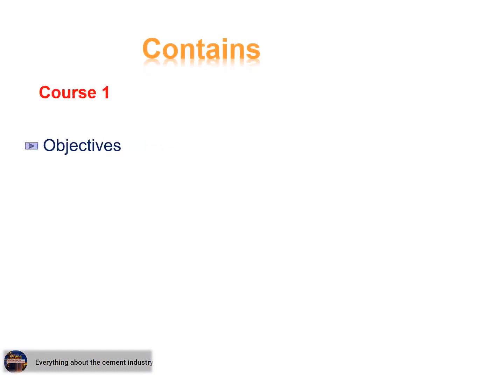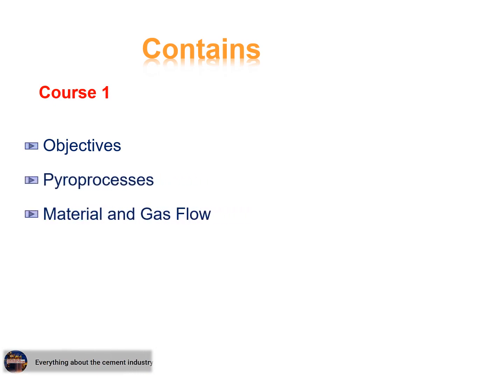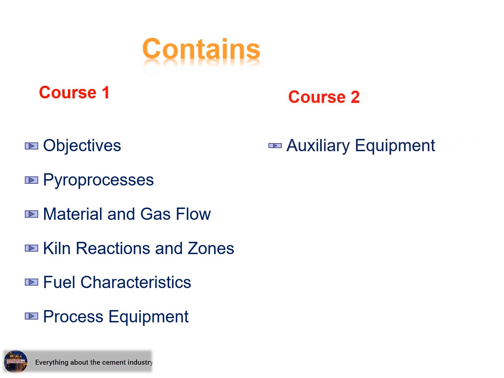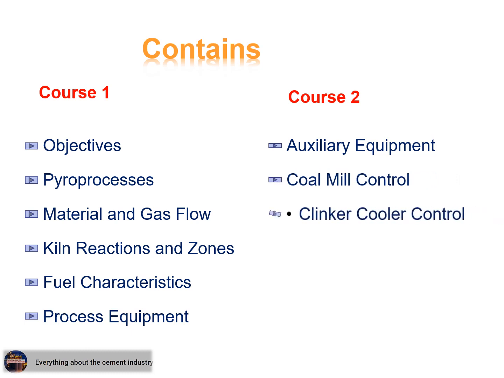Objectives: pyroprocesses, material and gas flow, kiln reactions and zones, fuel characteristics, process equipment. Course 2: auxiliary equipment, coal mill control, clinker cooler control, kiln control.